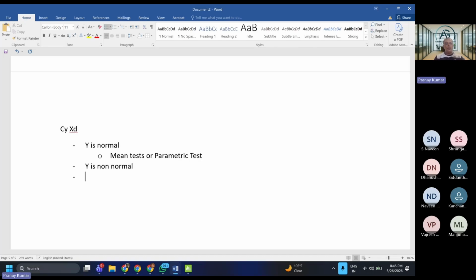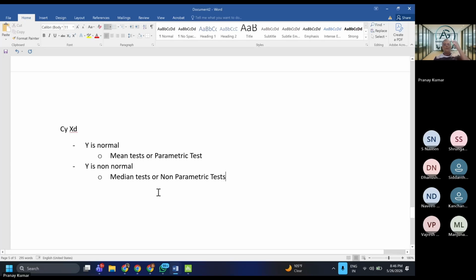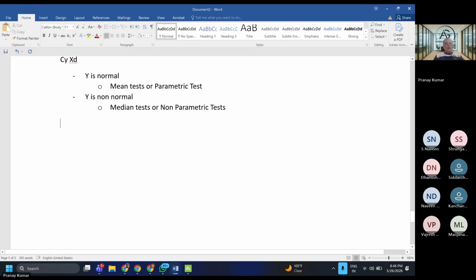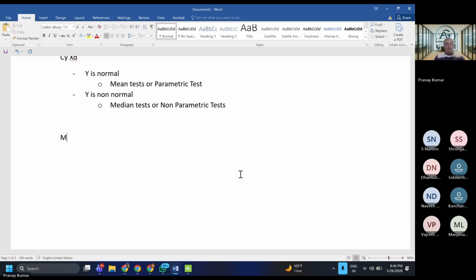If you are looking at non-normal data, you are going for median tests or non-parametric tests. Let's start with the mean tests or parametric tests.